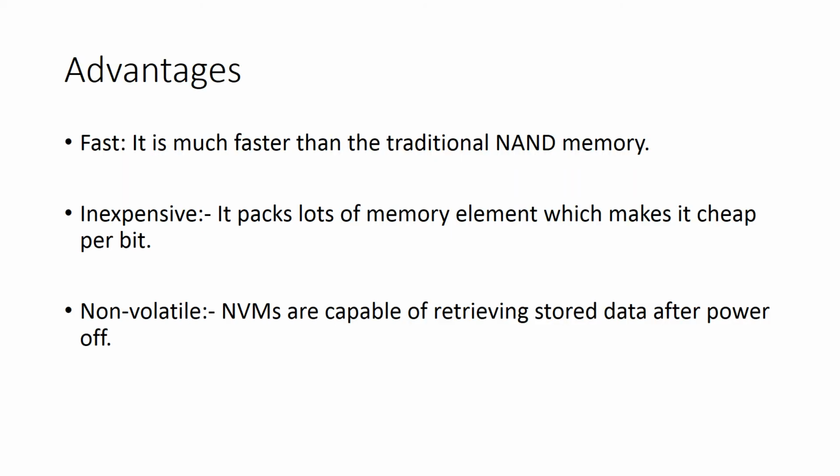The advantage of 3D crosspoint memory technology is that it's much faster than traditional NAND memories. This memory technology packs lots of memory elements, which makes it cheaper per bit and inexpensive.